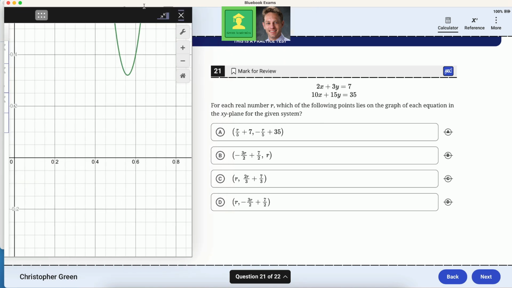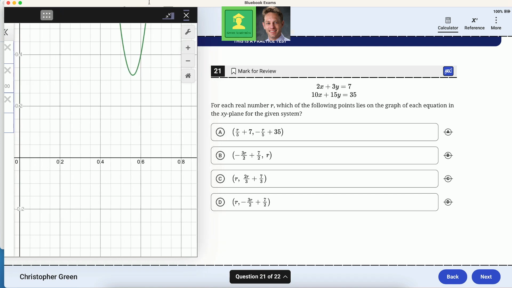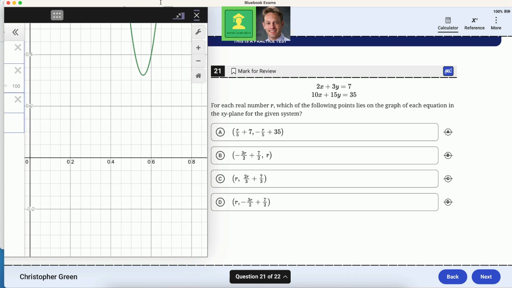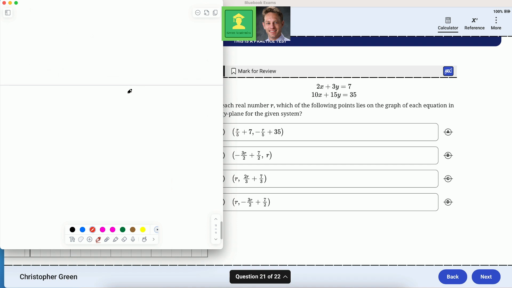Okay. Oh, this looks pretty tricky. Which of the following points lies on the graph of each equation in the system? Well, it looks like a system of equations, and I'm going to write and manipulate this the old-fashioned way by hand and see where I get first. So let me recopy 2x plus 3y being 7, 10x plus 15y being 35.